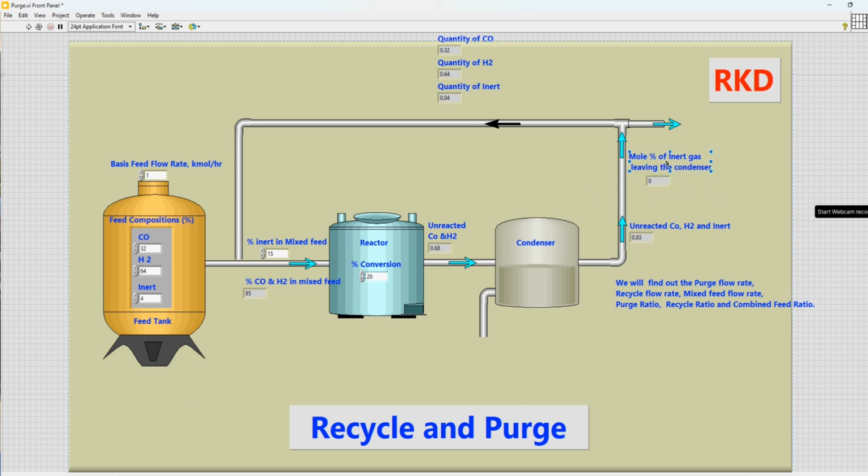So that should be the mole percentage of inert. It should be same here, here, and here. So let me check what this value is coming. 0.1807. Okay, this is a fraction that is coming, so this is not in mole percentage.